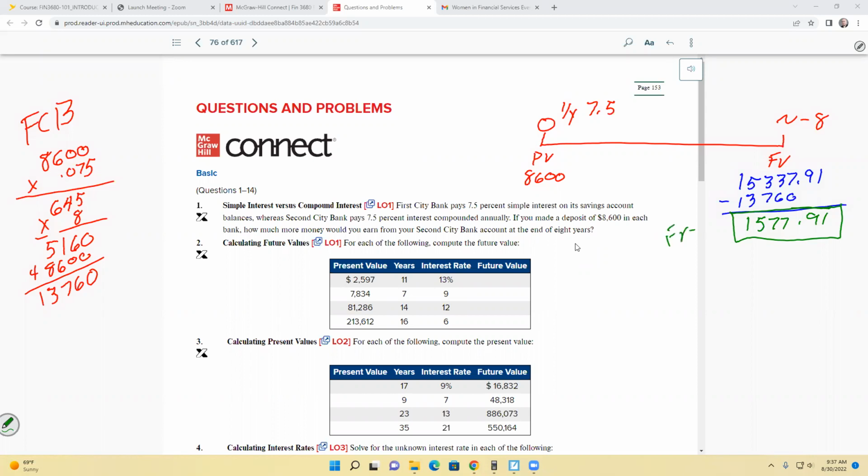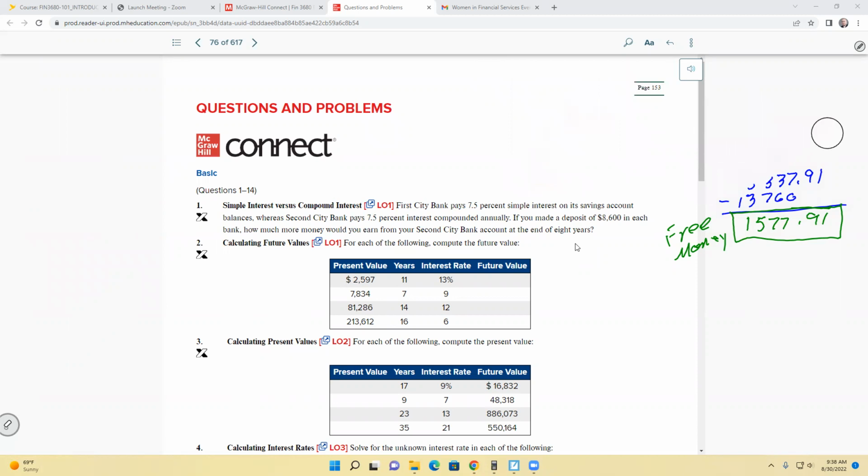Okay, remember, that's just free money when you're getting compound interest. This is for 8 years. Not a whole lot there, but when you start popping that out 20, 30, 40 years, and maybe get a little more aggressive on your interest rate, it'll make a big difference in your numbers. Okay? Everybody good? Questions on it? Okay? All right.